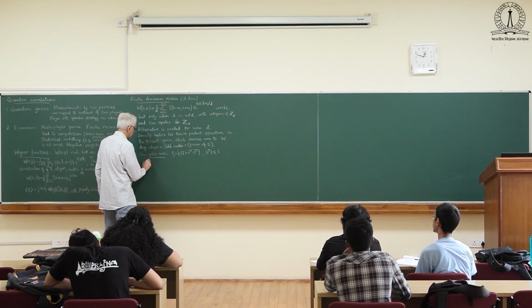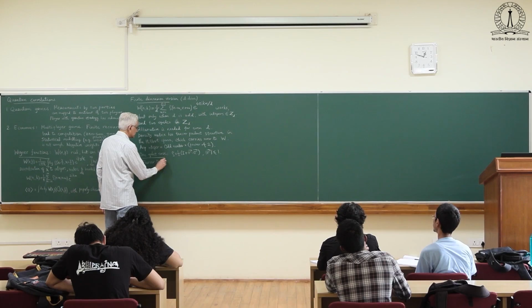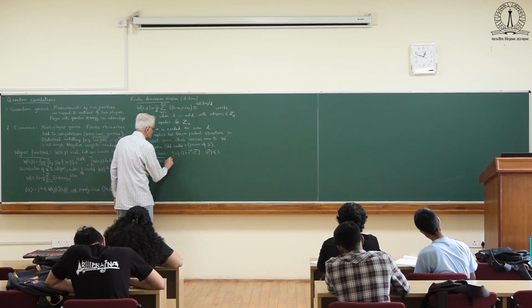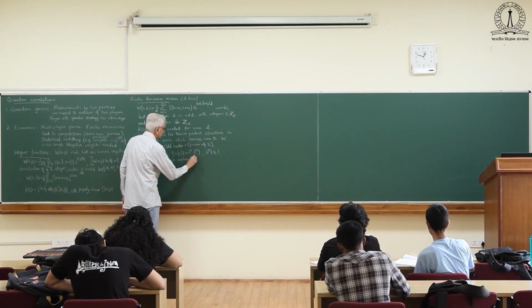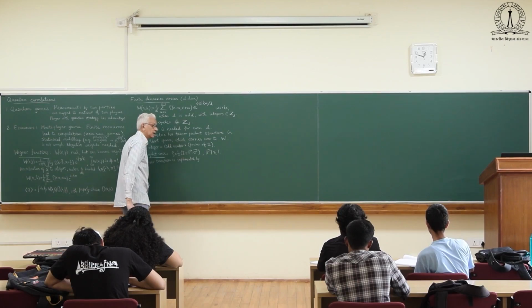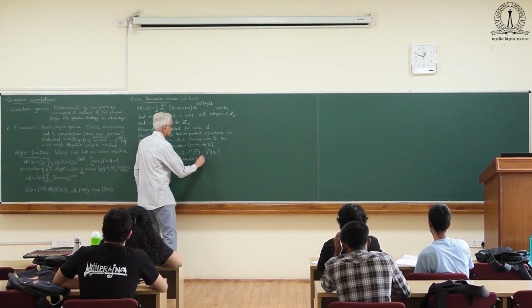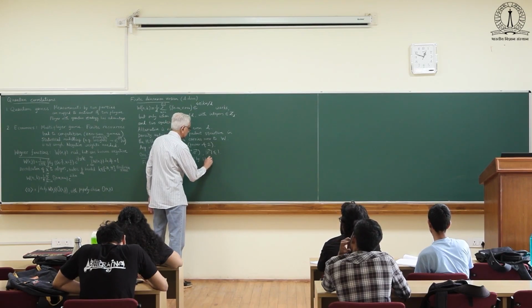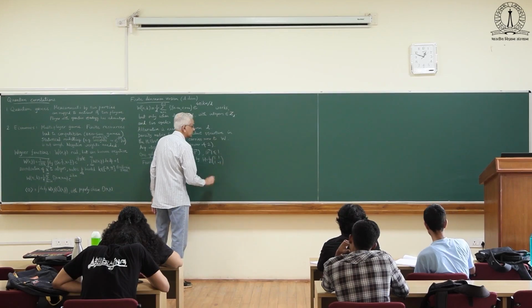The Fourier transform is implemented in this space by the Hadamard matrix, which is explicitly 1, 1, 1, minus 1.